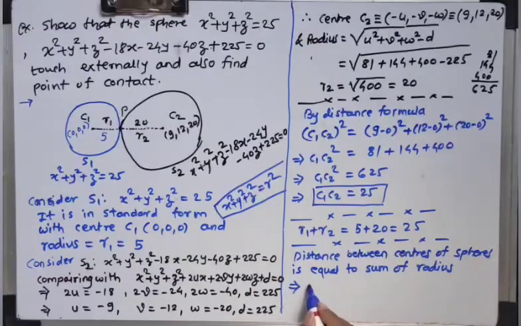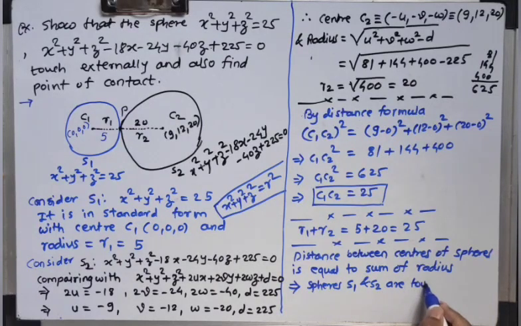It implies that spheres S1 and S2 are touching externally. So this completes the first part to prove that two spheres are touching externally.